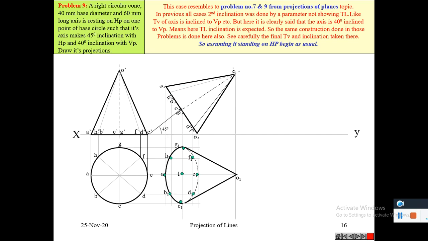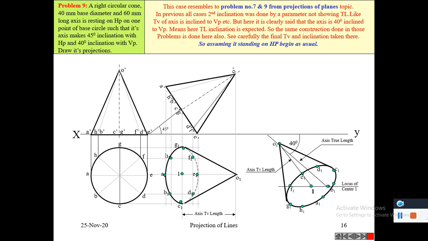Its top view is drawn, and the axis top view length is inclined at an angle 40 degree with the VP. Its front view is also drawn.